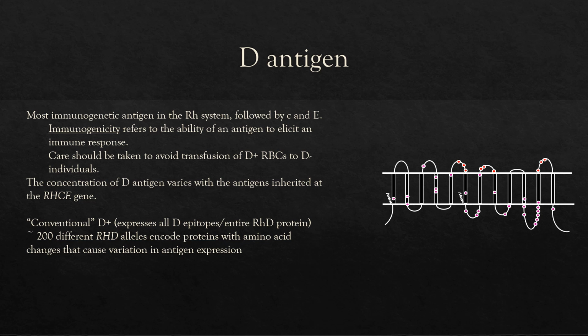D positive individuals can be homozygous or hemizygous for the presence of the RHD gene. The D antigen is the most immunogenic antigen in the Rh system. The concentration of D on the cells varies with the other antigens inherited.